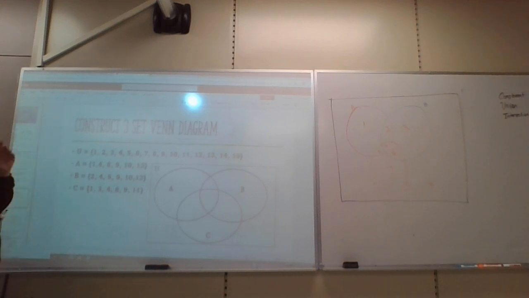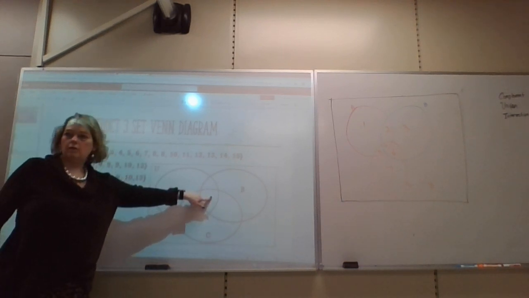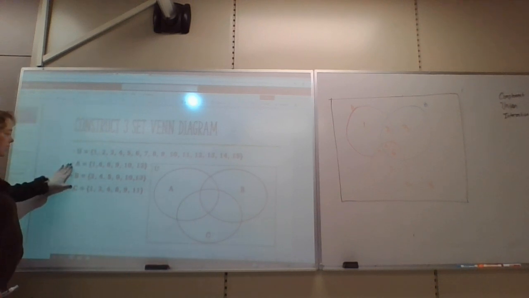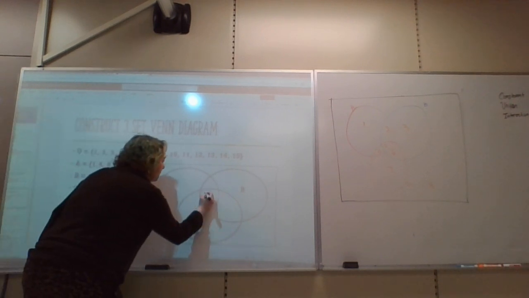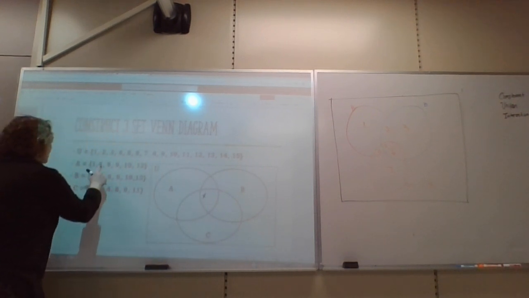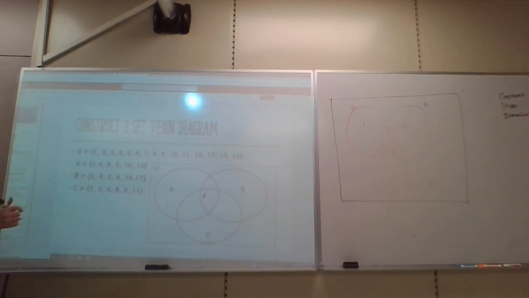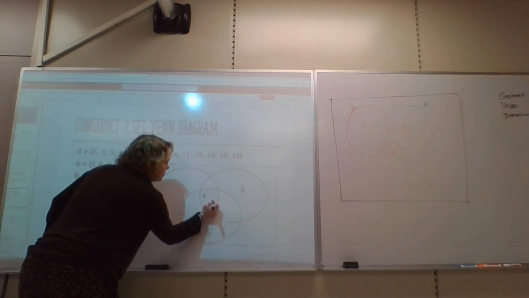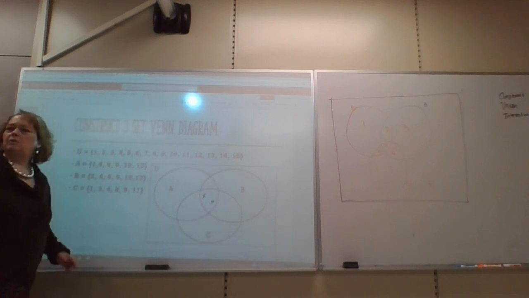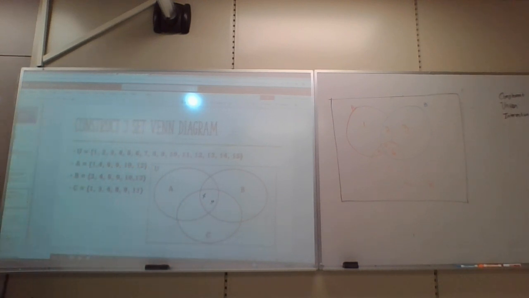The first thing we need to do is find the intersection of all three. What do all three have in common? 4. So we'll put a 4 here, and a 9. Put a little space so it doesn't look like 49.